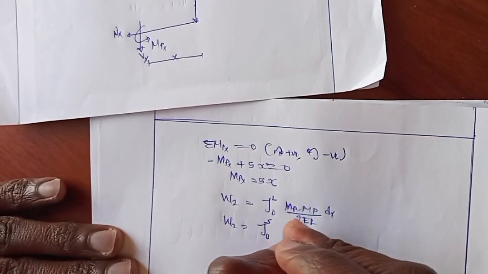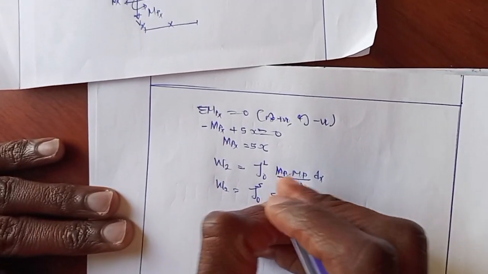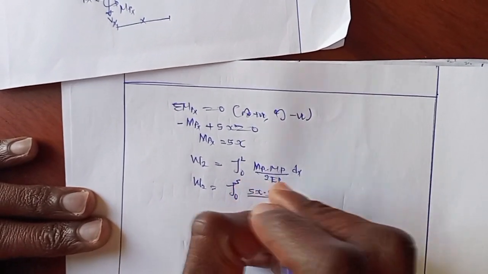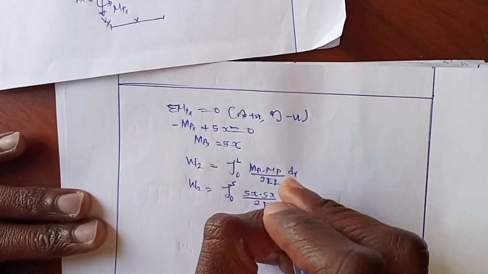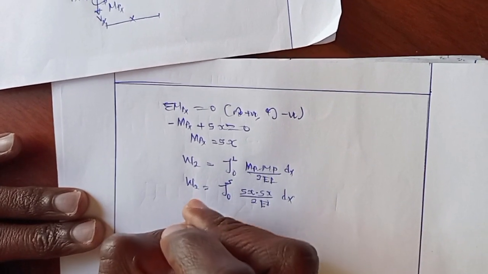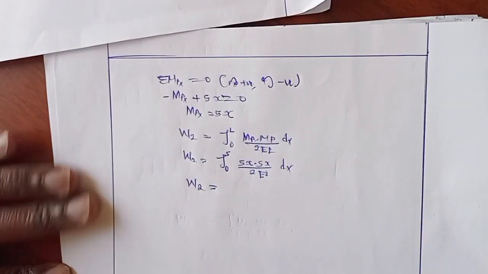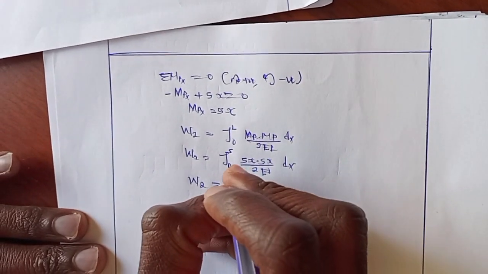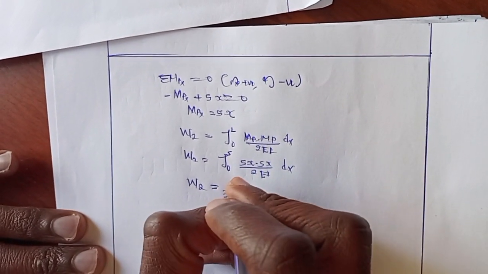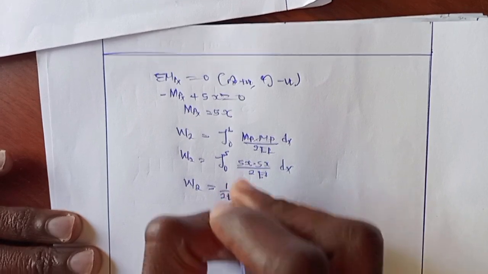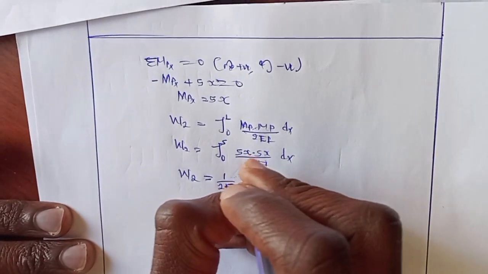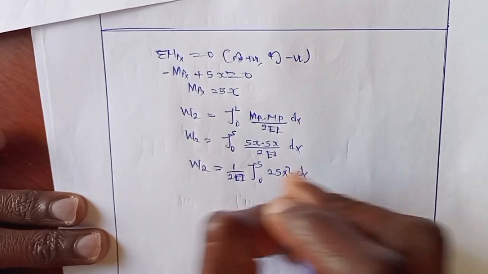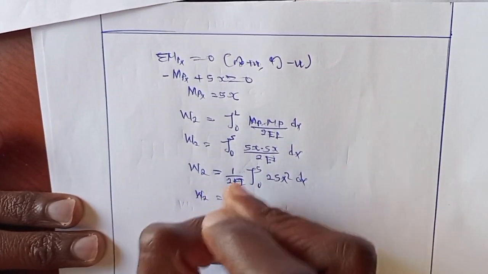So it will be the integral of 5x times 5x over 2EI dx. Internal energy, the constant left, let's factor out, from 0 to 5, 25x squared dx. Let's integrate this one.